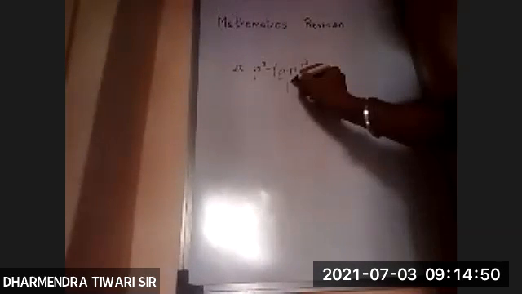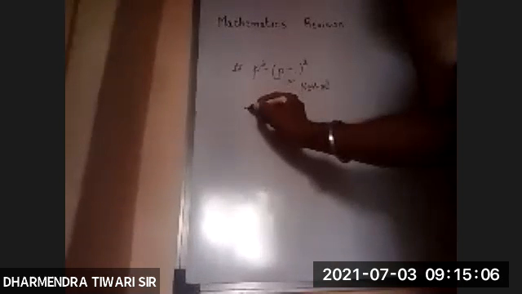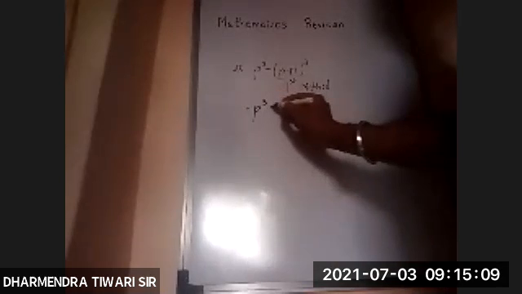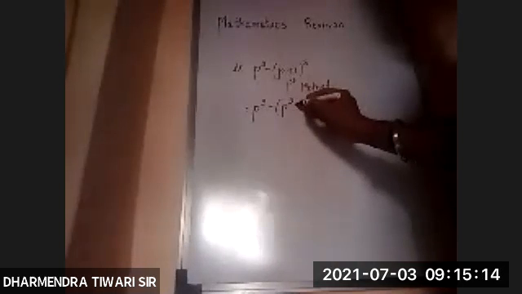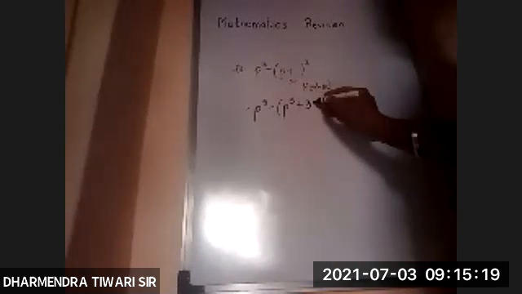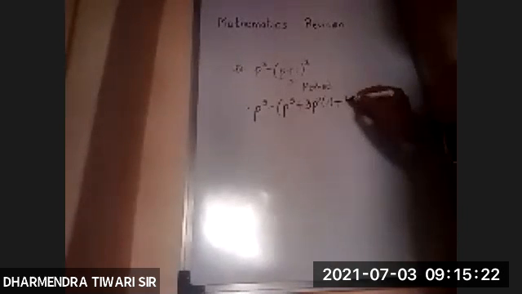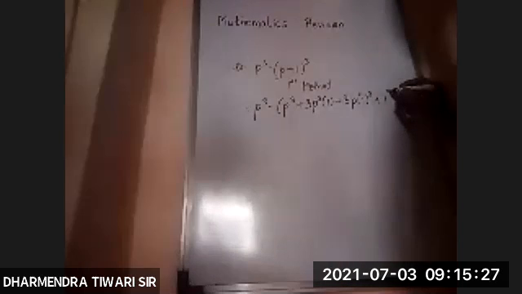First method. First method says we are applying the formula for this. So p cube minus, the formula for this is p cube plus 3p square into 1 plus 3p into 1 square plus 1 cube.